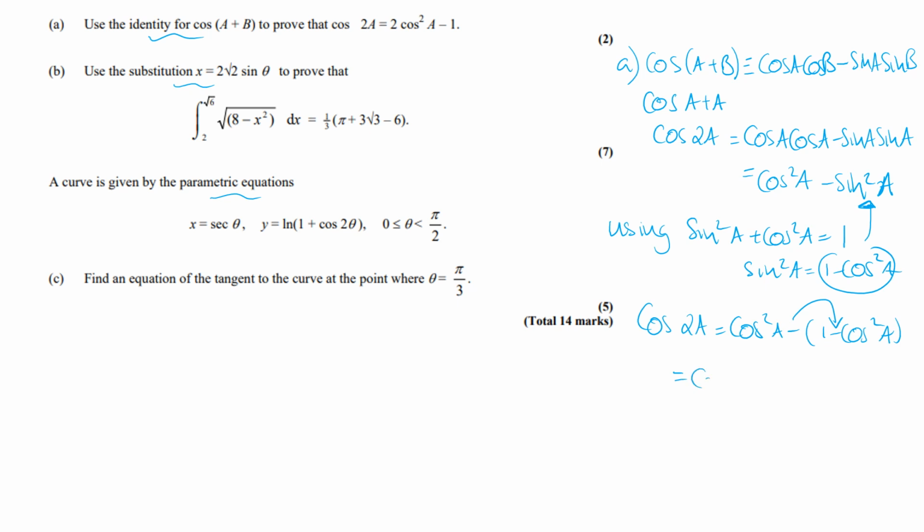So that's going to be cos squared A minus 1 plus cos squared A, which altogether is 2 cos squared A minus 1.